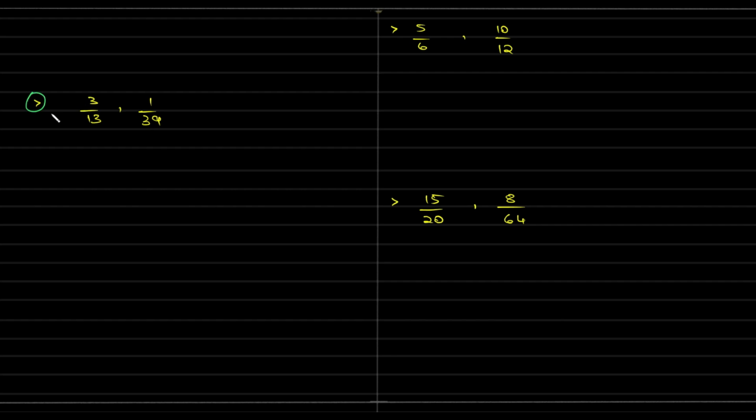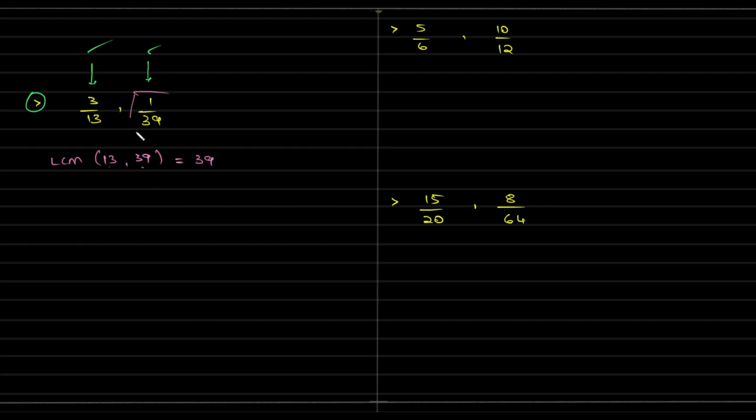Again, we have one more problem. So we have 3 by 13 and 1 by 39. This is co-prime and this is also co-prime, and so the test is done. The next step is finding the LCM between which two numbers? Yes, 13 and 39. What is the LCM? Since 13 can divide 39, the LCM is 39 itself.